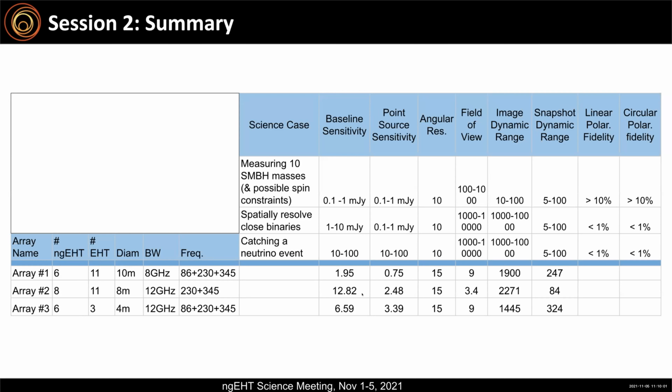But the values were significantly worse, and it seems that it's because 86 GHz observations were not considered in this array. Perfect. Yes, and then for the third array, we have here the values, and you can see the values are very similar. So the main difference is baseline sensitivity and a little bit of some changes in dynamic range.